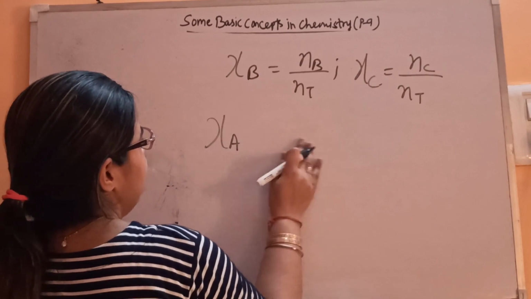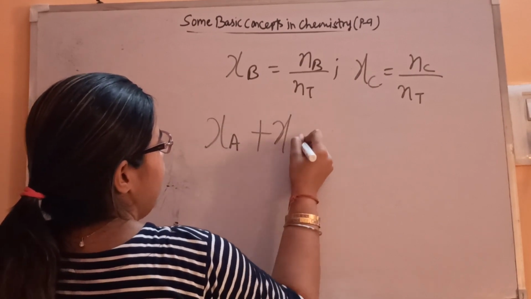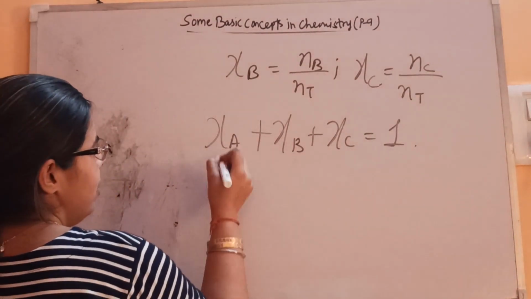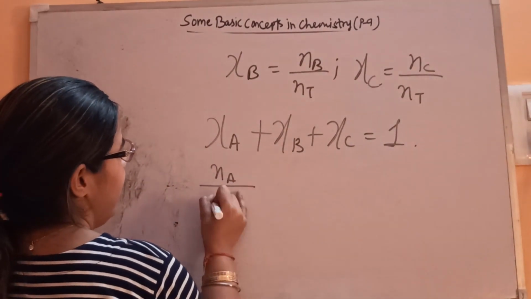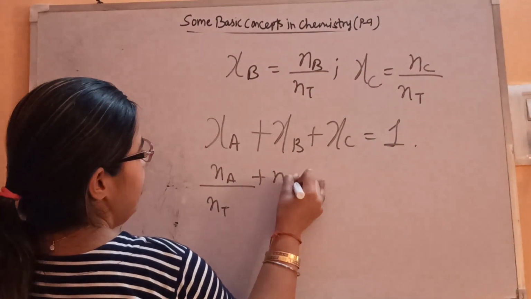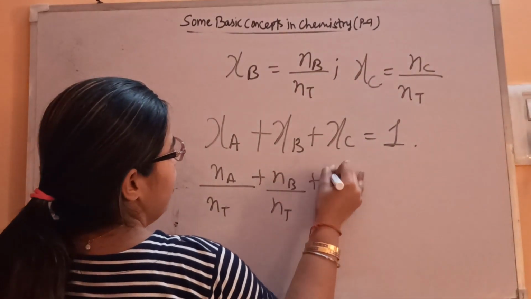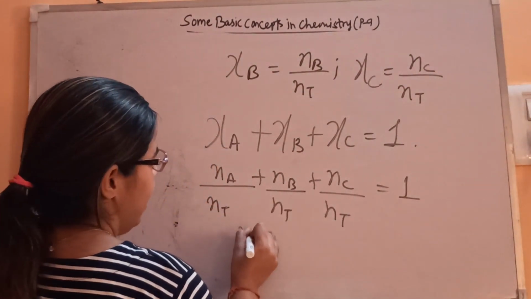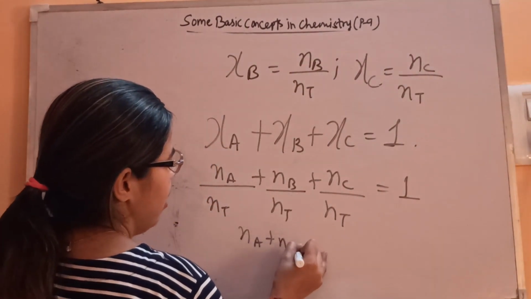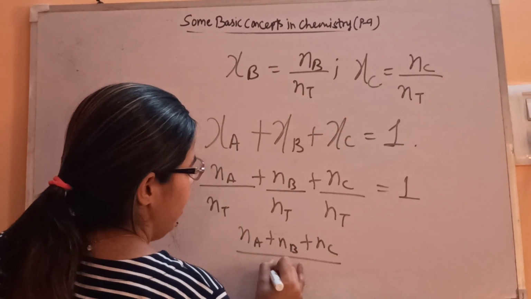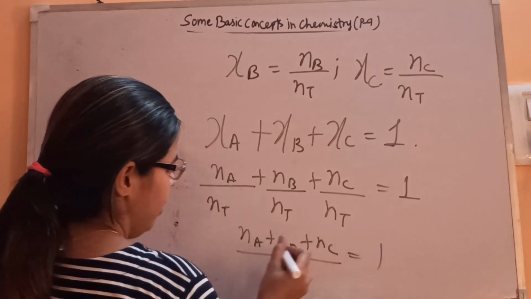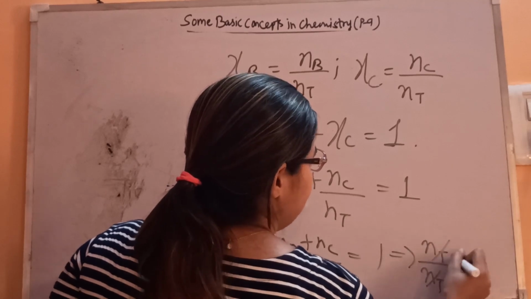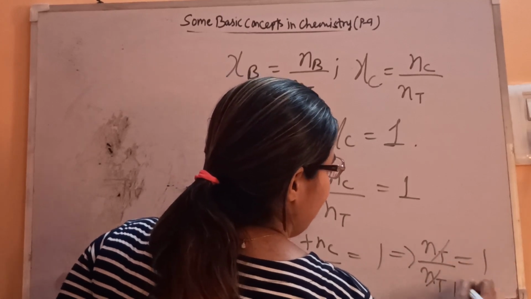That is chi A plus chi B plus chi C is always equal to 1. How? Substitute Na divided by Nt plus Nb divided by Nt plus Nc divided by Nt is equal to 1. So we will take LCM. Na plus Nb plus Nc divided by Nt is equal to 1. This is also equal to Nt. So Nt divided by Nt cancels out, is equal to 1. So 1 is equal to 1 here.